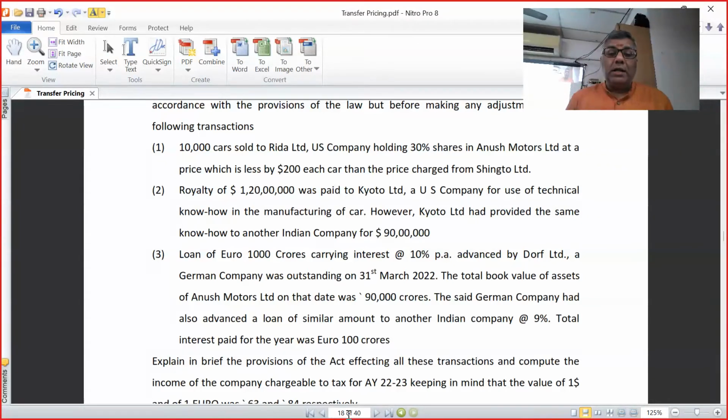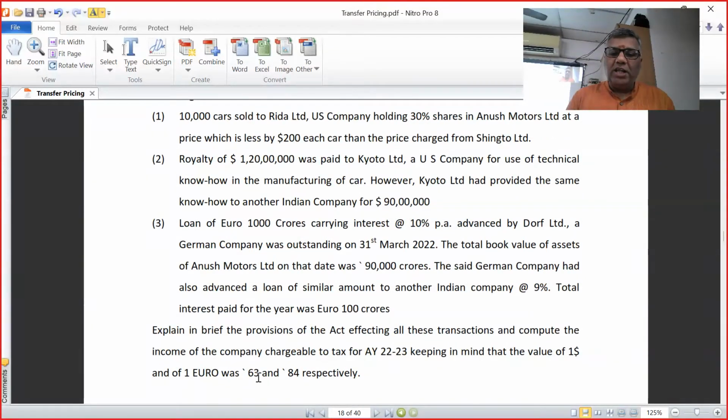The total interest paid in euro is 10%, that is 1,000 into 10%. Euro rate is 84 rupees, dollar rate is 63.84. So 1,000 into 84 makes it 84,000. 90,000 crores is the total asset, more than 51%.